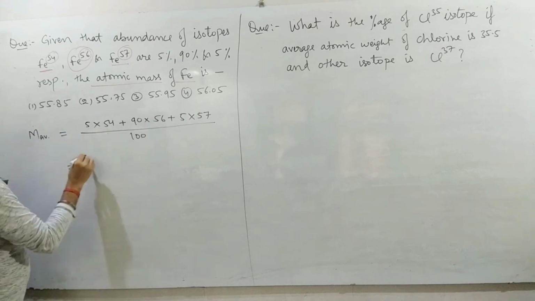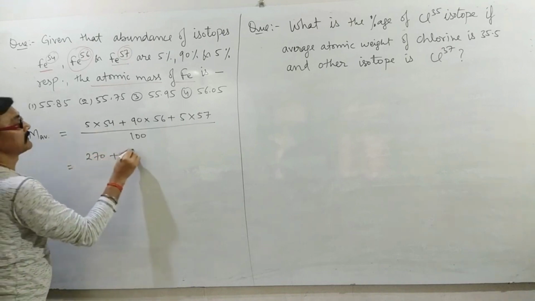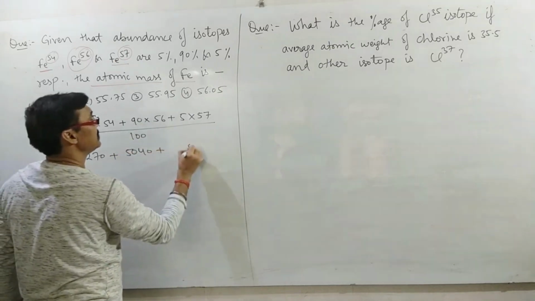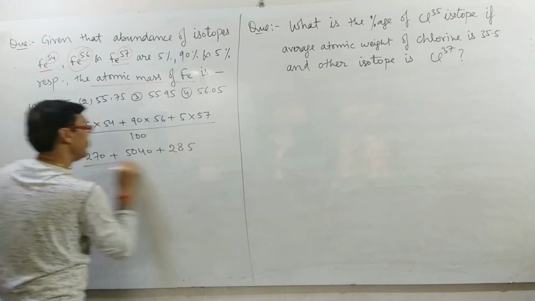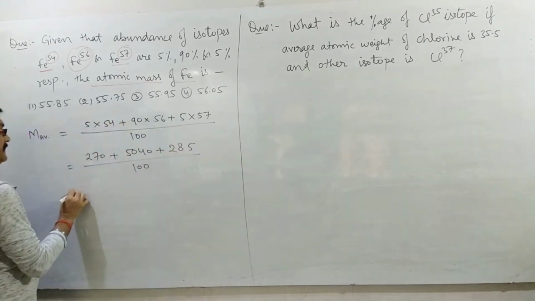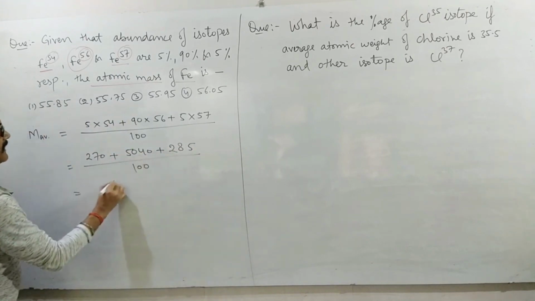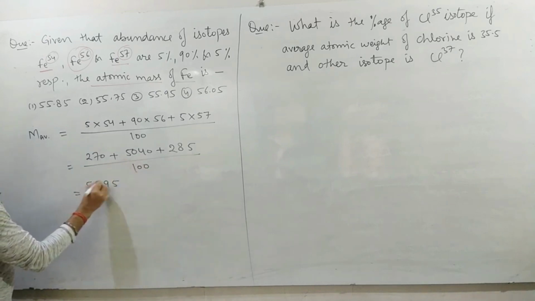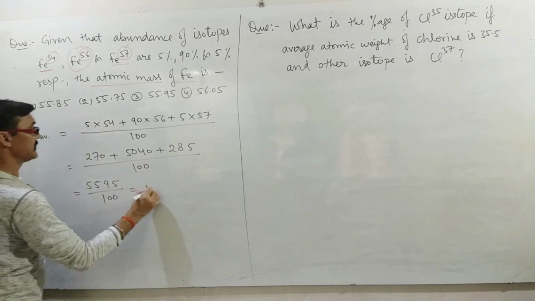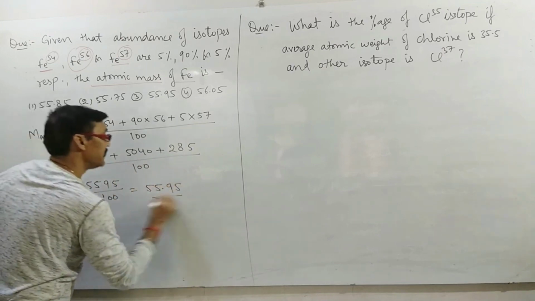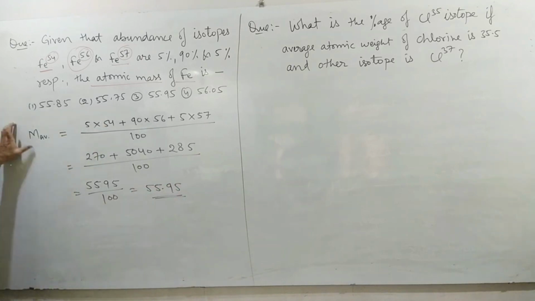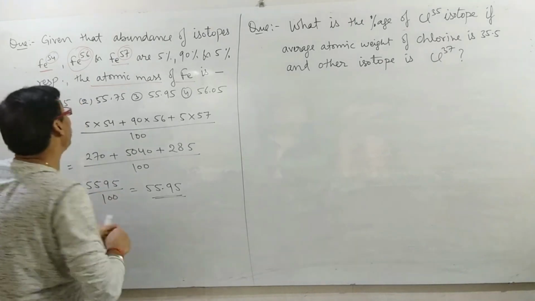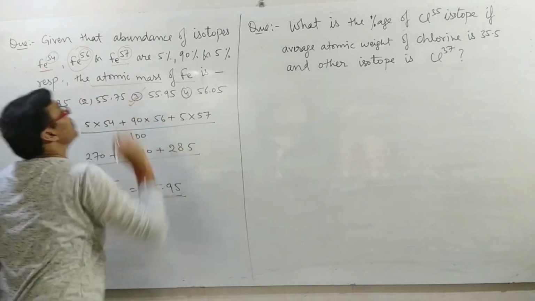So guys, it is 270 plus 5040 plus 285, divided by 100, and it is 5955 divided by 100, which is 55.95. That is the average atomic mass, or relative atomic mass, of iron: 55.95.